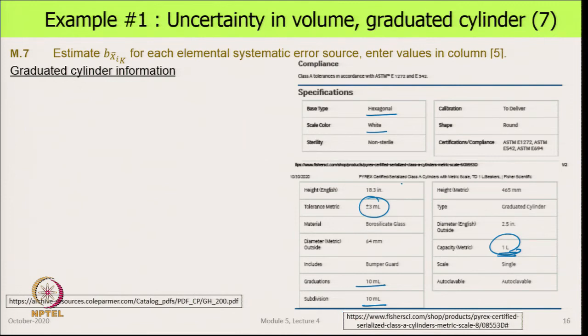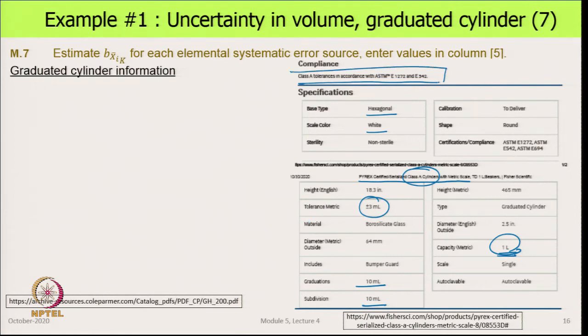And it says here, Pyrex certified serialized class A cylinders with metric scale. So, the question is what do they mean by class A cylinders? And that is what we looked at. This was referring to a standard, and that is written over here: Class A tolerances in accordance with ASTM E1272 and E542.